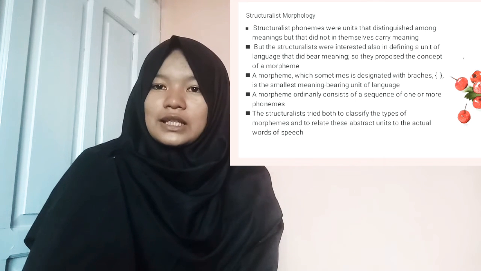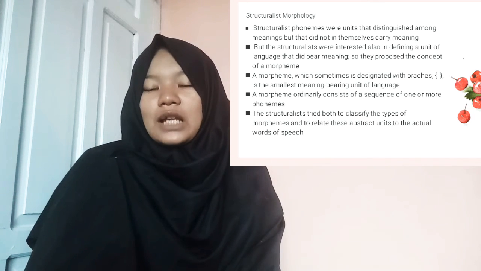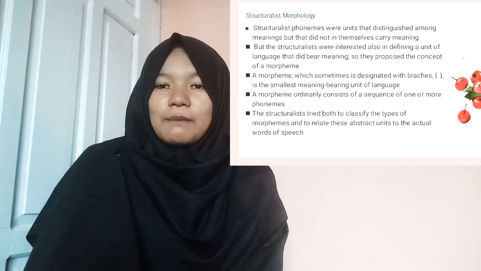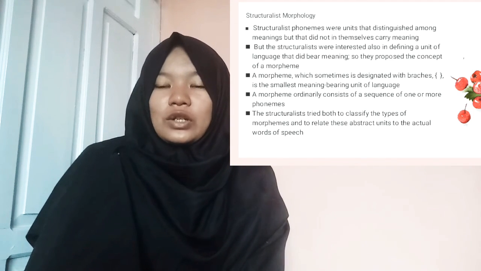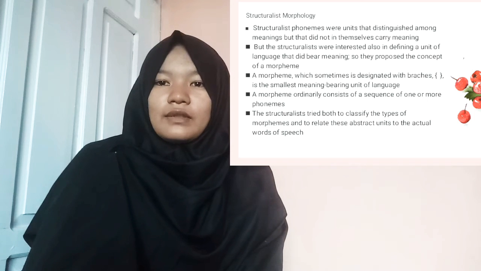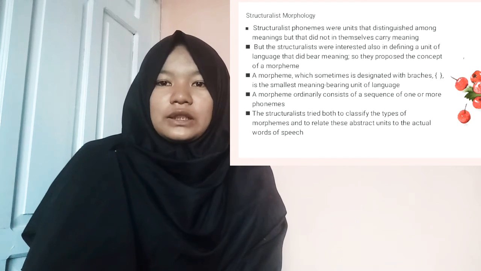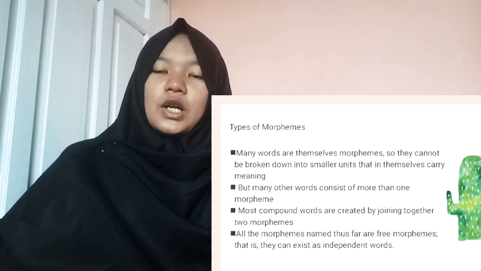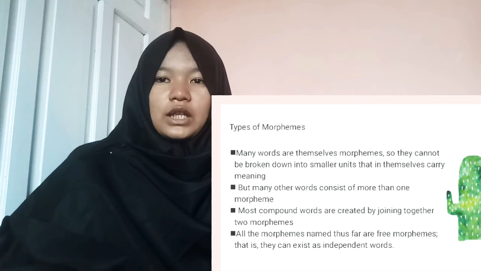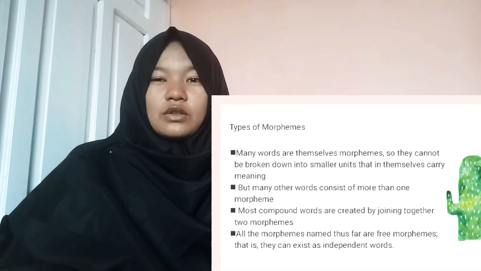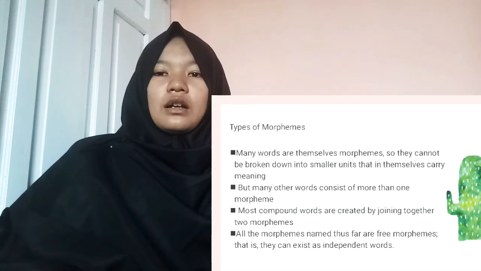The structuralists tried to classify the types of morphemes and to relate this abstract unit to the actual words of speech. Types of morphemes. Most words are themselves morphemes, so they cannot be broken down into smaller units that in themselves carry meaning.